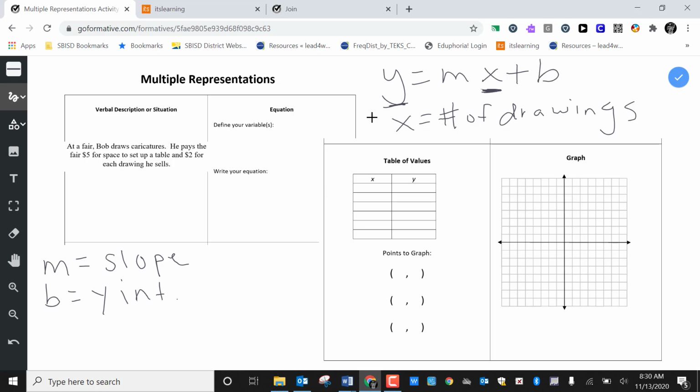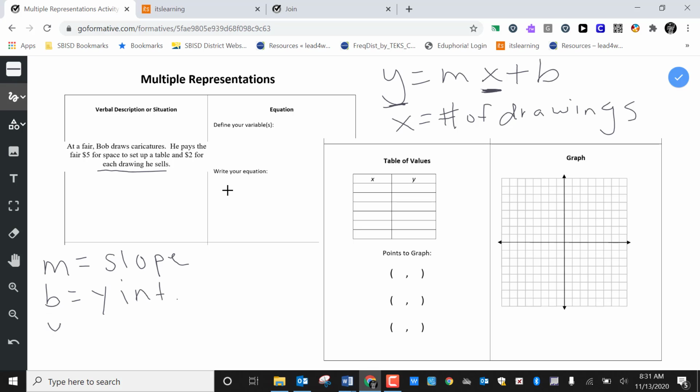Once again, the slope is the number that I would multiply by my x, which is the number of drawings. So if he pays the fair $5 for space to set up a table and $2 for each drawing he sells, the number that I would multiply by the number of drawings is going to be the $2.